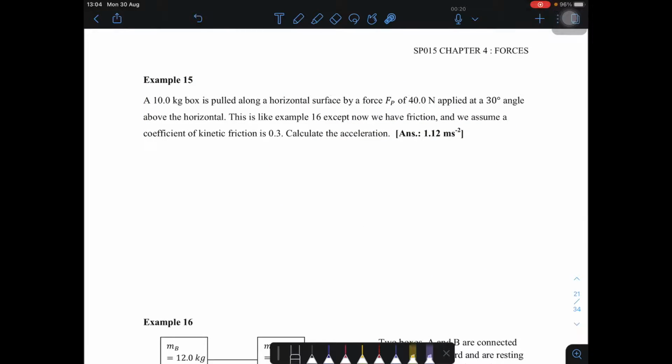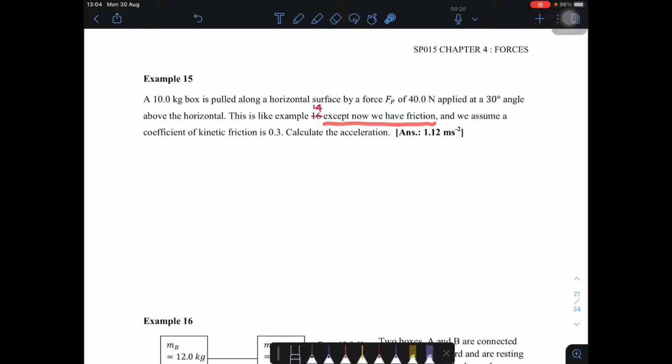Okay, next one, example 15. A 10 kg box is pulled along a horizontal surface by a force Fp of 40 Newton, applied at a 30-degree angle above the horizontal. So this is like example 14, except now we have friction and we assume a coefficient of kinetic friction of 0.3.